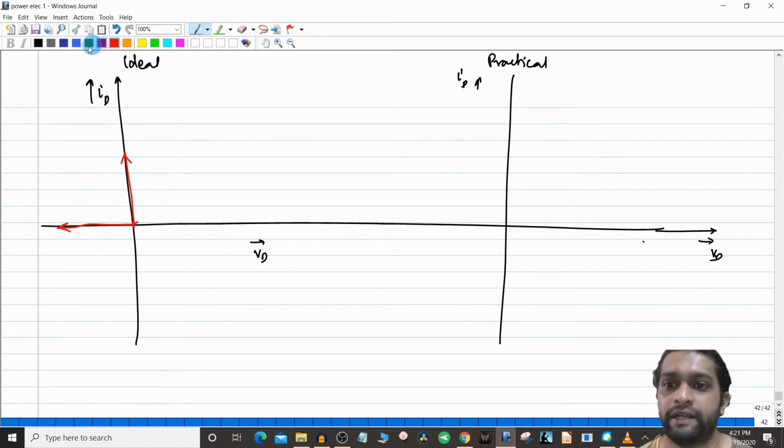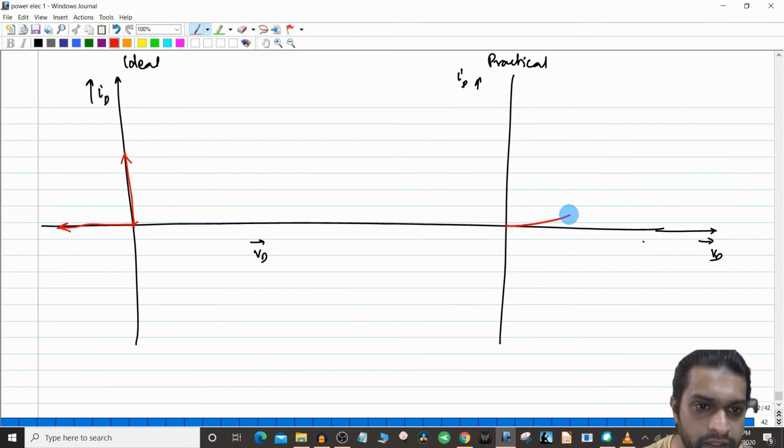But in the practical case, you know that the current will start to build up only after this 0.6 volt, because 0.6 volt itself is dropped across the diode. So the characteristics look something like this. Till this point, you won't get much increase in current, but after a particular value, which is also called Vt, or the threshold voltage, the current starts increasing rapidly.